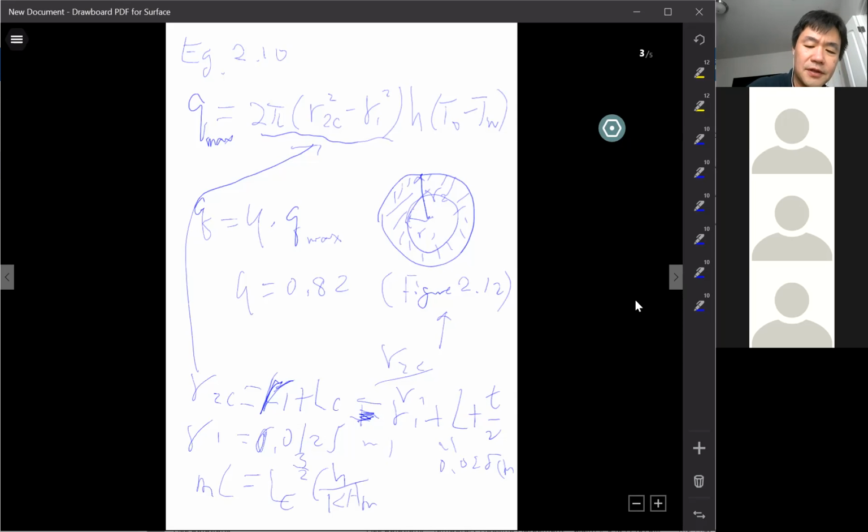AM is the profile area. Profile area is a rectangle, it's L times T, right? So in this case, it's 0.396. Okay. So what is R2C over R1? 2.24.